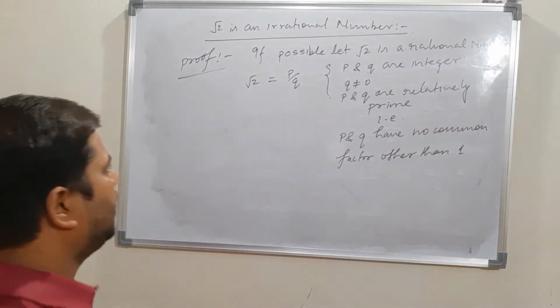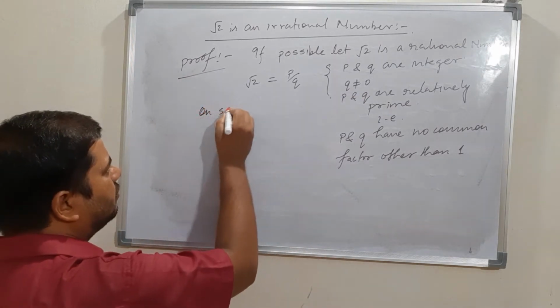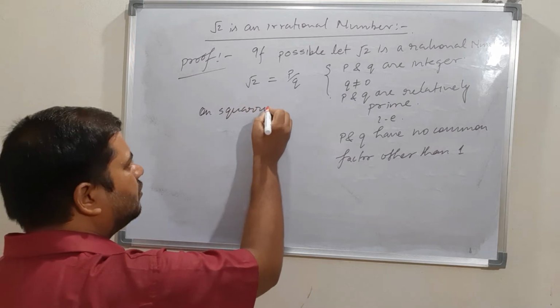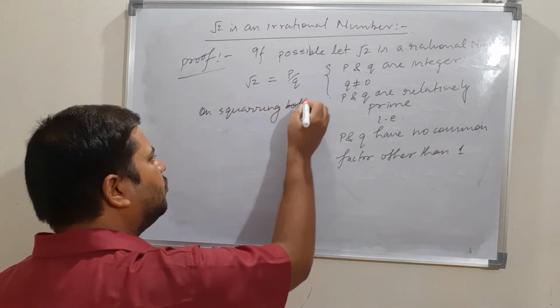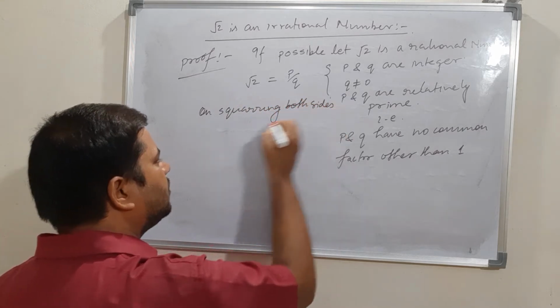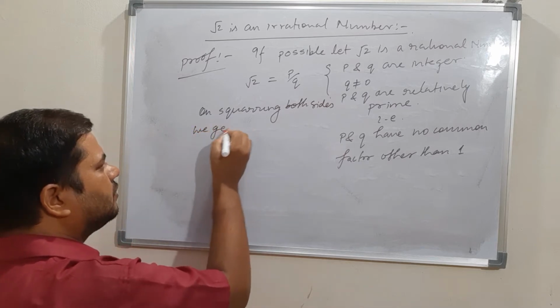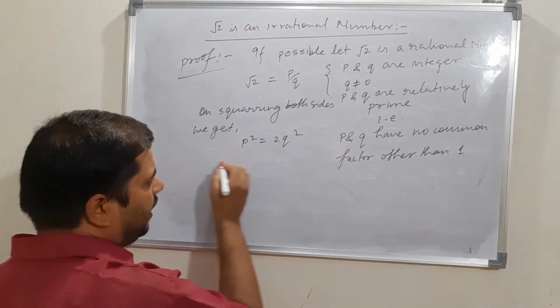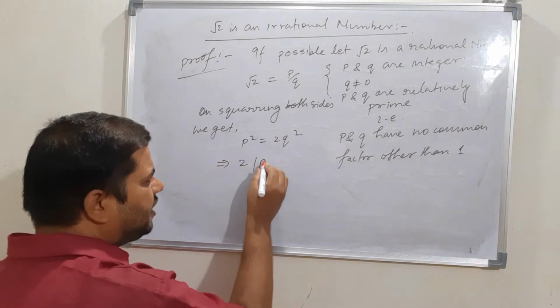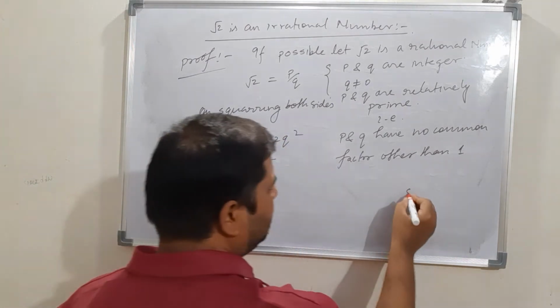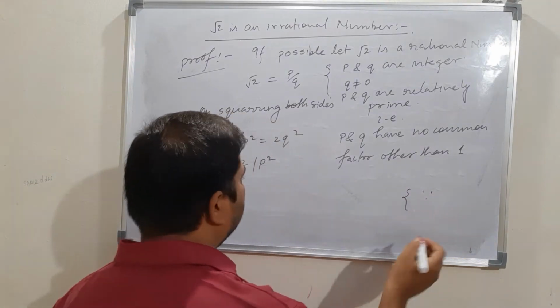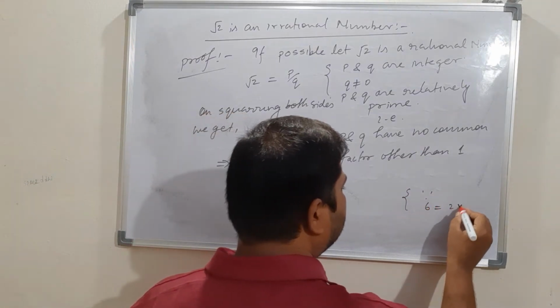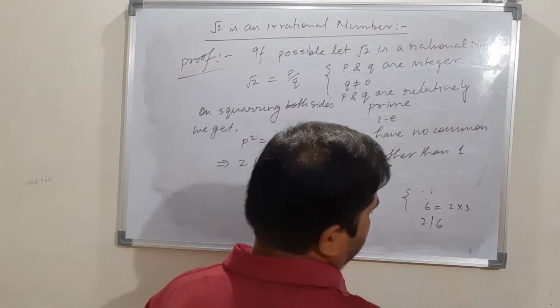On squaring both sides, we get p square is equal to 2q square, and this implies 2 divides p square. See why? Suppose 6 can be written as 2 into 3, so 2 divides 6.